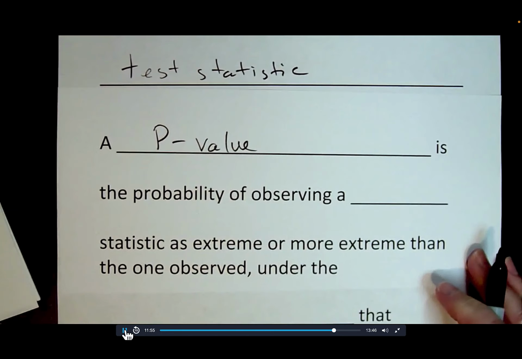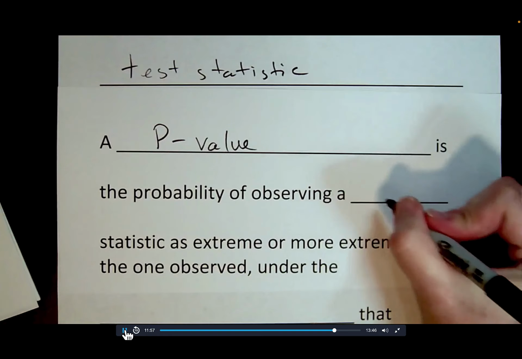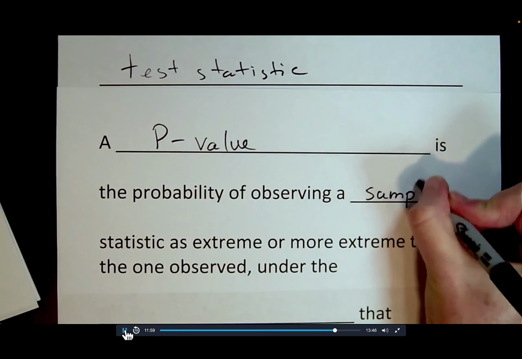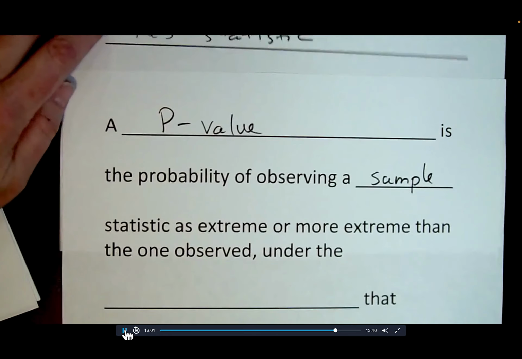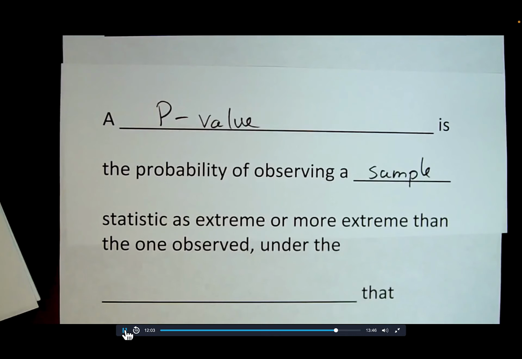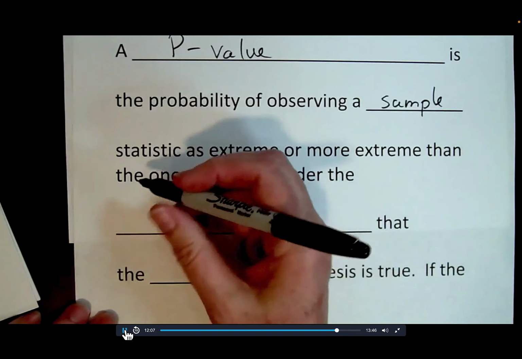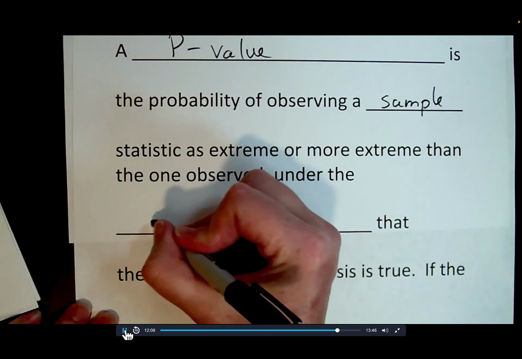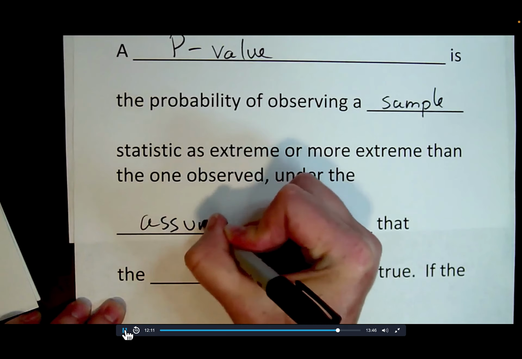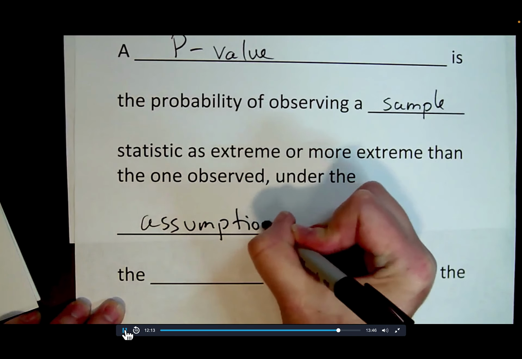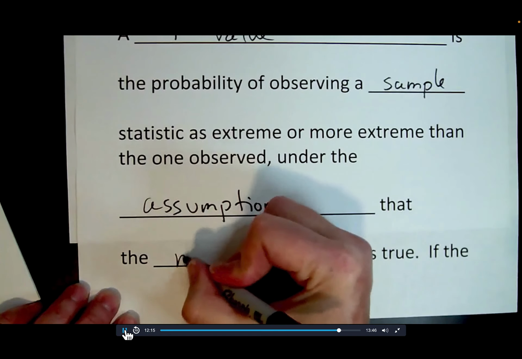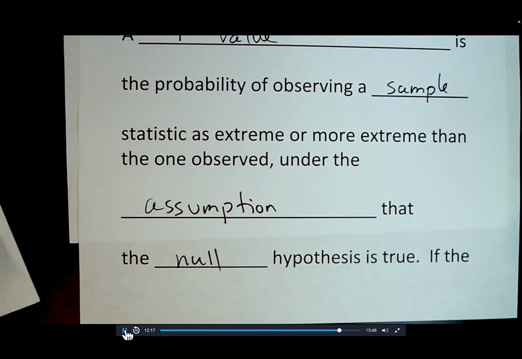The p-value is the probability of observing a sample statistic, in other words, a point estimate, as extreme or more extreme than the one observed, under the assumption that the null hypothesis is true.